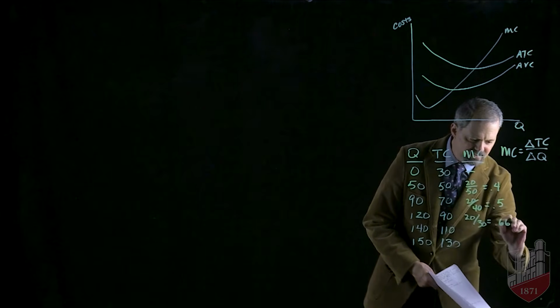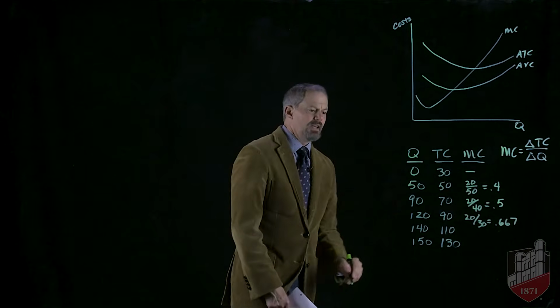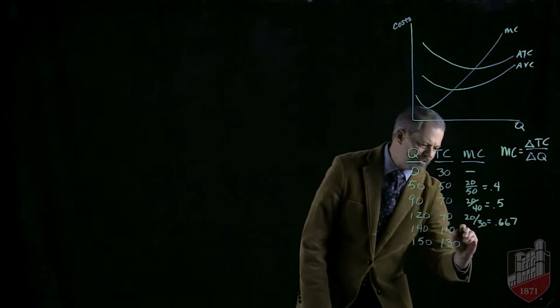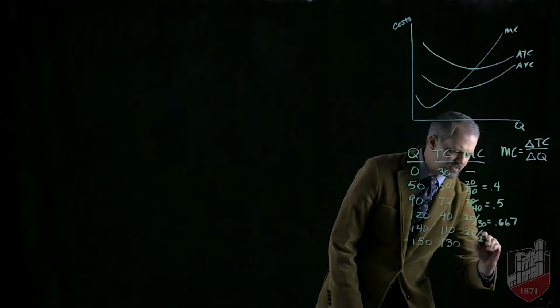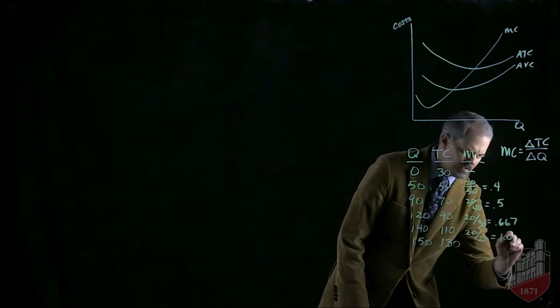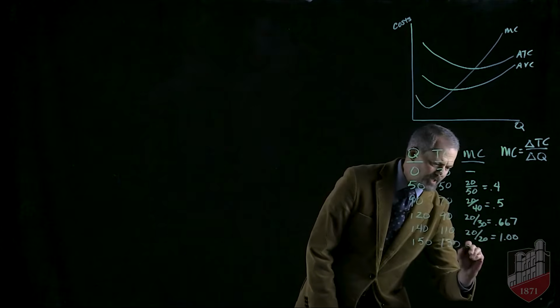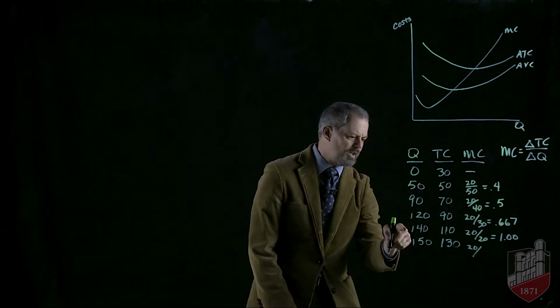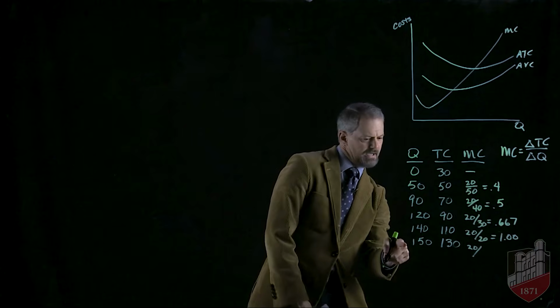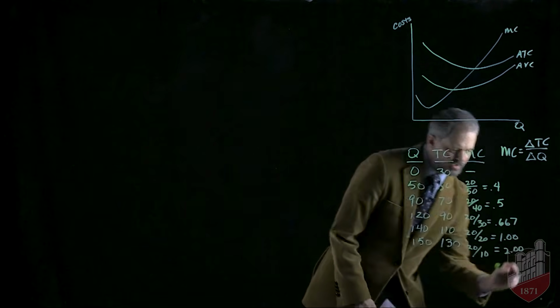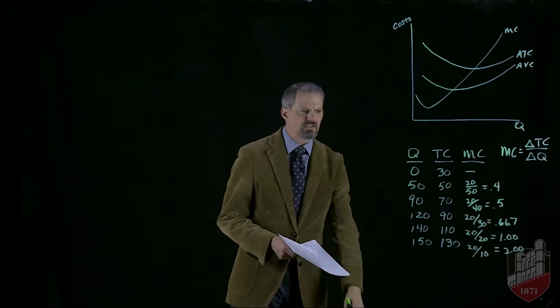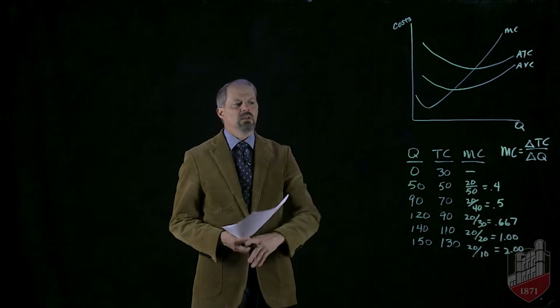I'm going to say 0.667. And then our total cost changes by 20, and our quantity changes by 20. That's $1. And then our total cost changes by 20, and our quantity changes by 10. That's equal to 2.